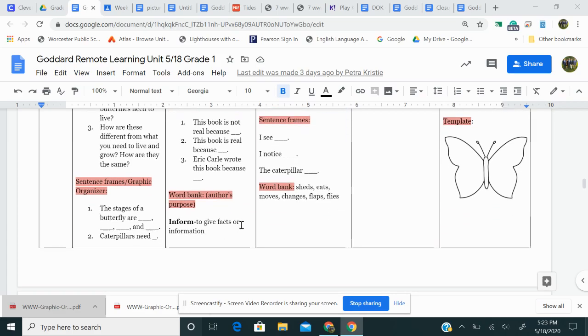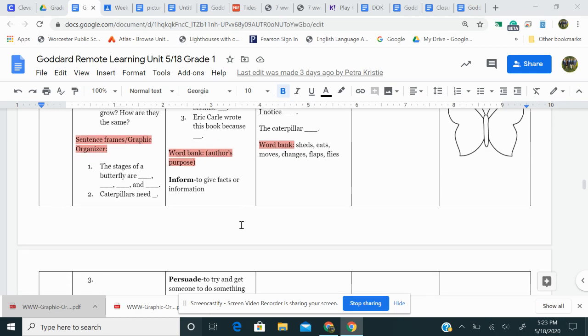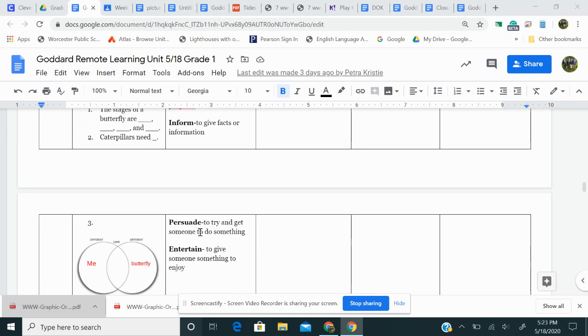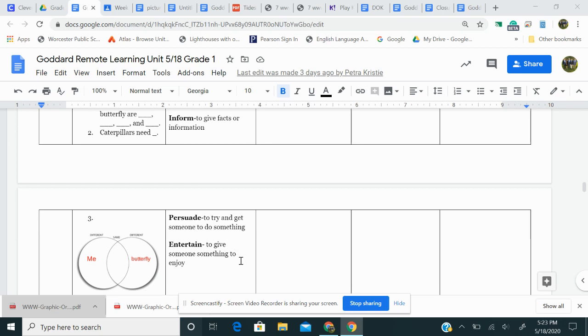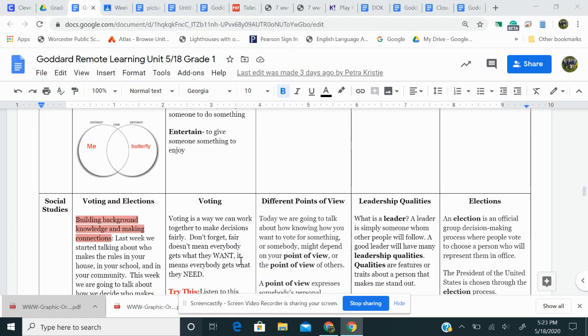Inform means to give facts or information. Persuade means to try and get someone to do something. And entertain means to give someone something to enjoy. So you're going to pick one of those 3 reasons to answer the question why Eric Carle wrote the book.